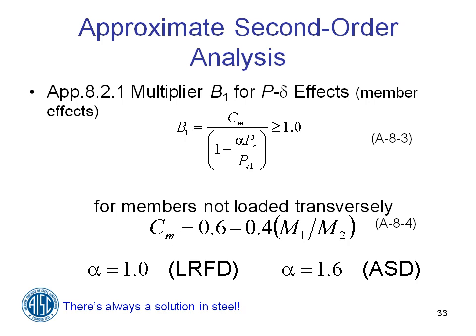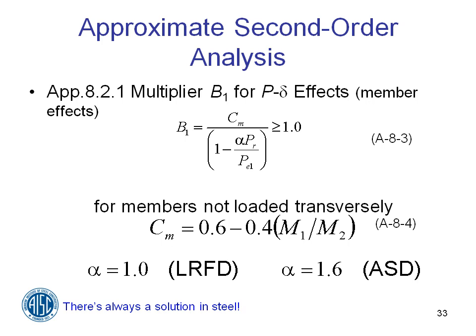All of these amplifications for member effect were developed assuming the moment is constant on the column. For members that are not loaded transversely, but are loaded with moment at one end and a moment at the other, M1 and M2 being the ratio of the smaller moment to the larger moment, and positive if it bends it in reverse curvature, and negative if it bends it in single curvature, you get a reduction factor, C sub m.